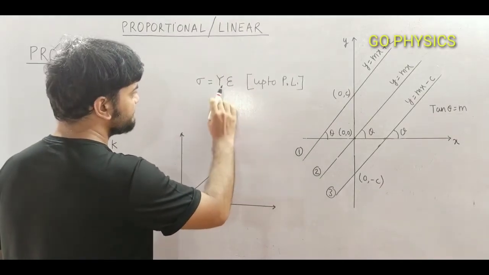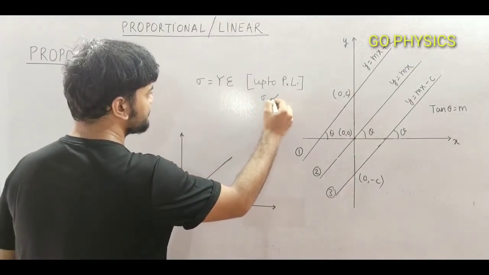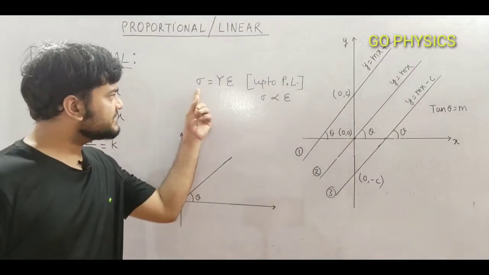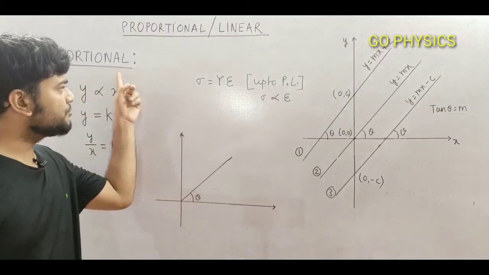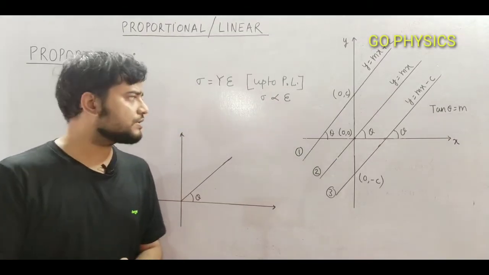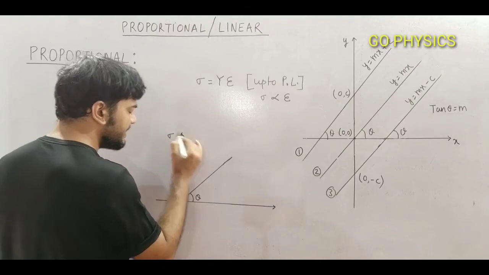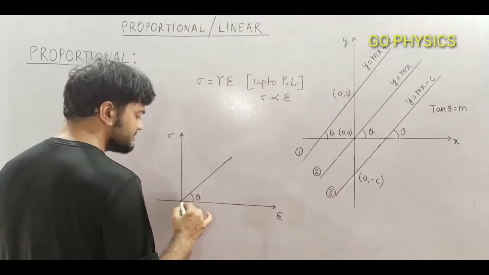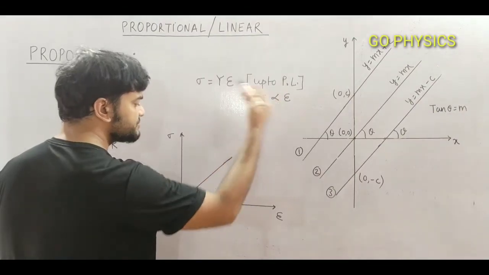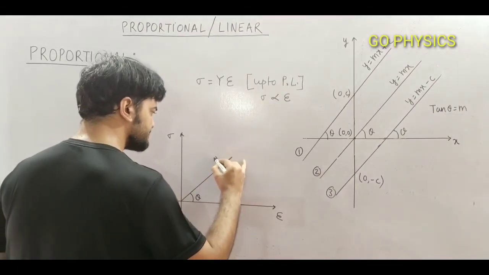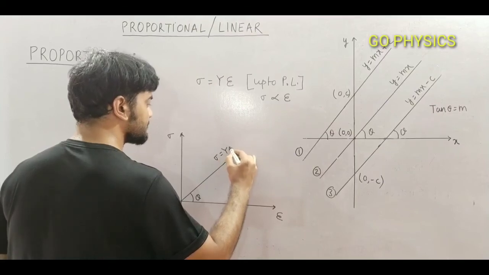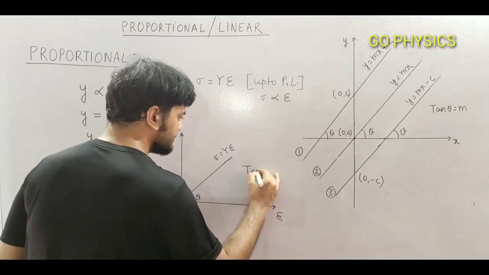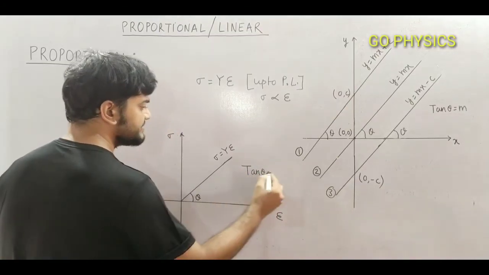It means that the relationship between stress and strain is proportional, and if we draw a graph between stress and strain, then it will be a straight line up to the proportional limit. And if we talk about the slope of this line, then it will be equal to Young's modulus of the body.